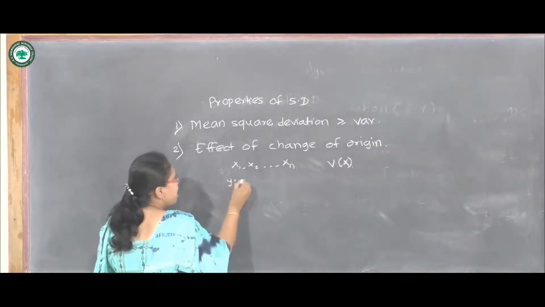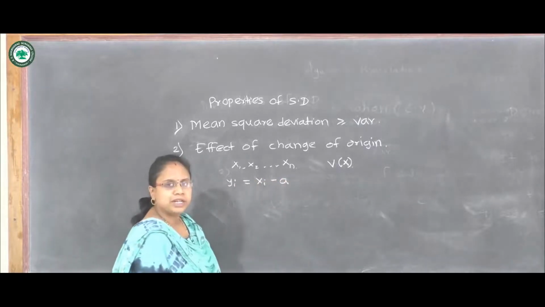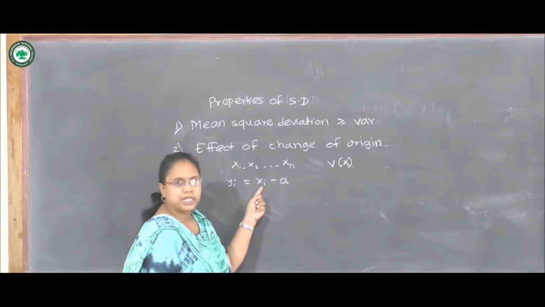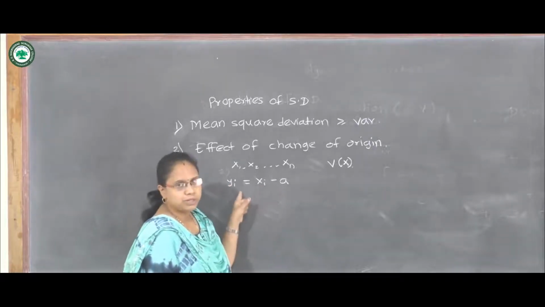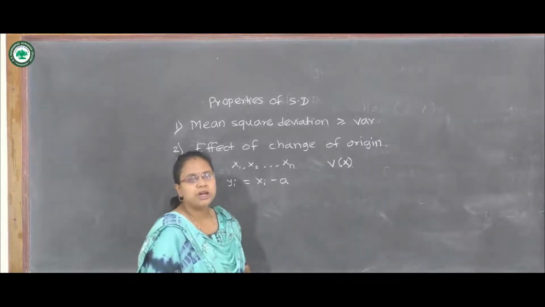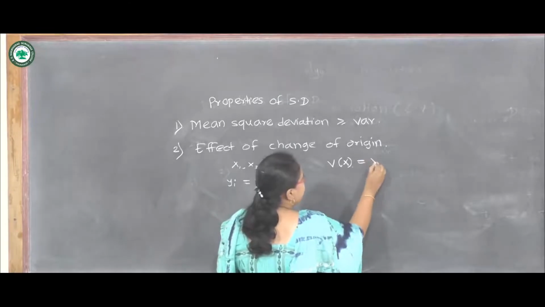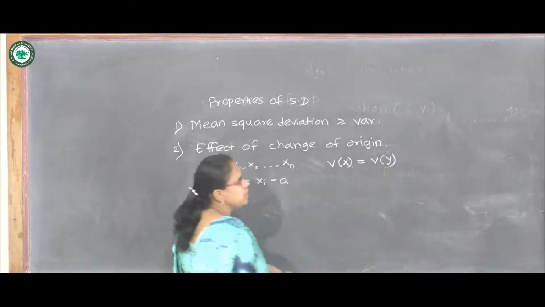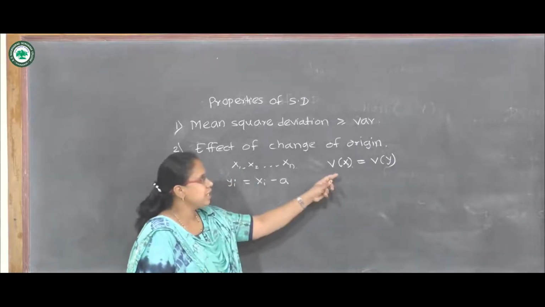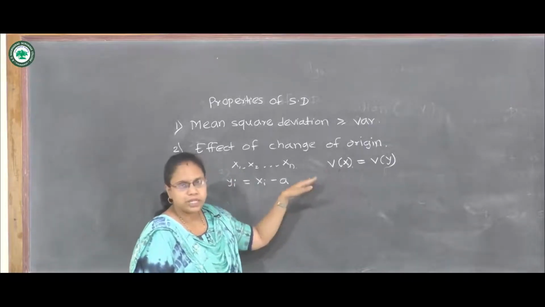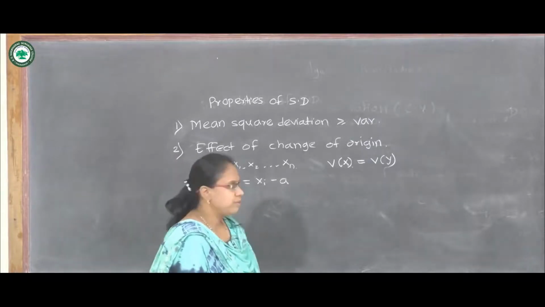If yi equals xi minus a, meaning we have subtracted a constant a from each observation xi, we will get new observations y1, y2, and so on up to yn. Then variance of x will be equal to variance of y. So this is the statement: we have to prove that there is no effect of change of origin on variance. So let us see its proof.